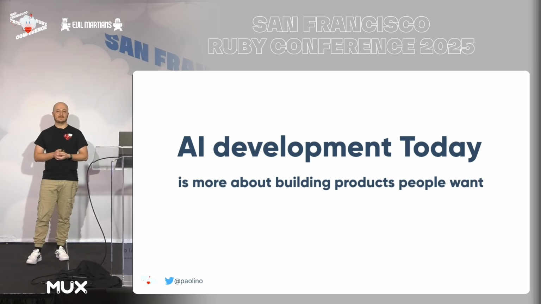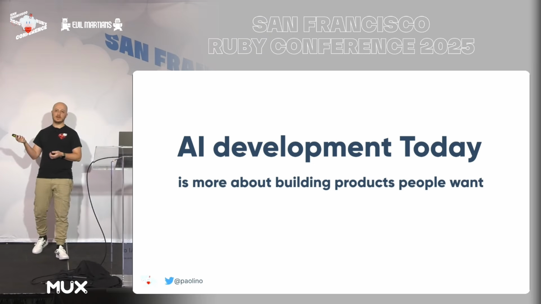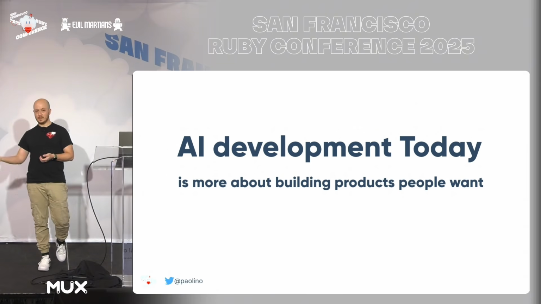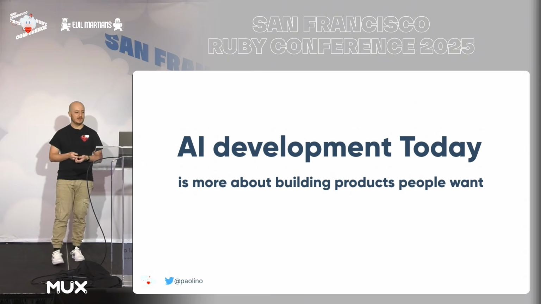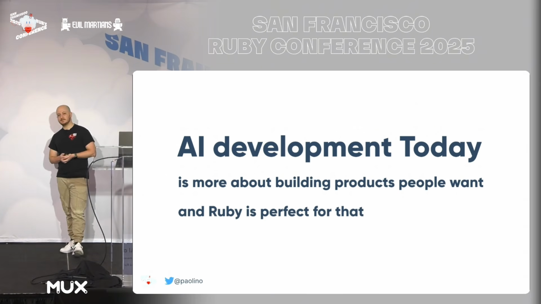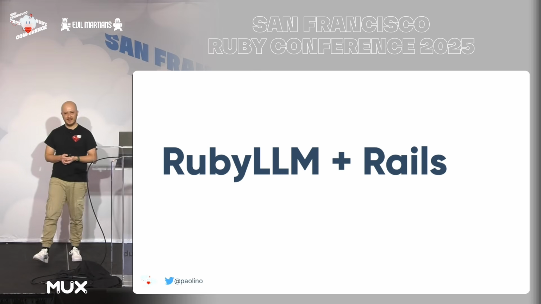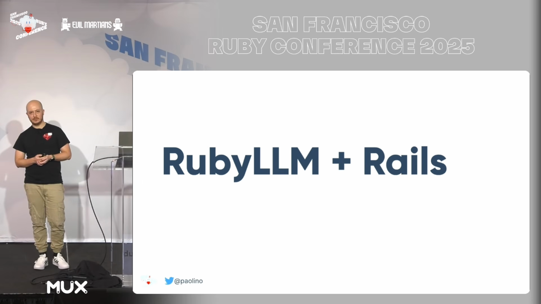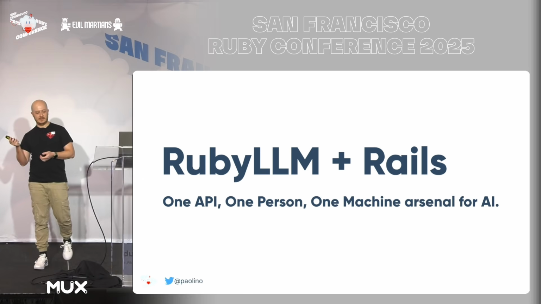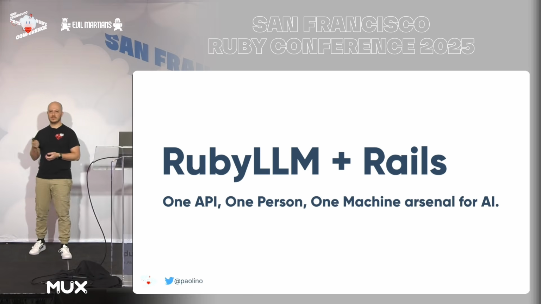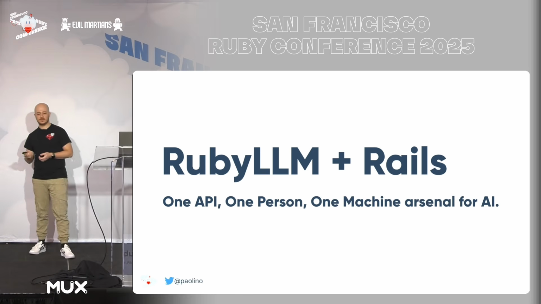But it also means that now it's more about building products people want instead of building machine learning models. And you know what's perfect for that? Ruby. So today I'm going to show you that RubyLLM plus Rails is the one API, one person, one machine arsenal for AI.